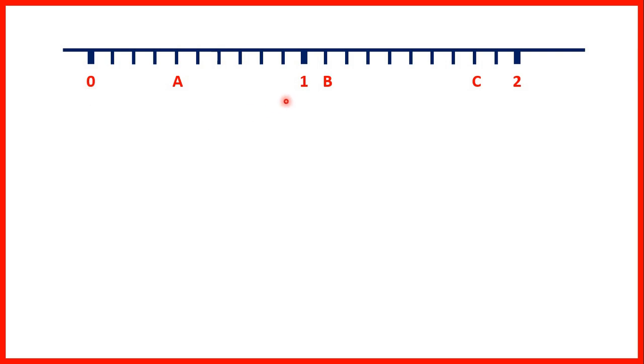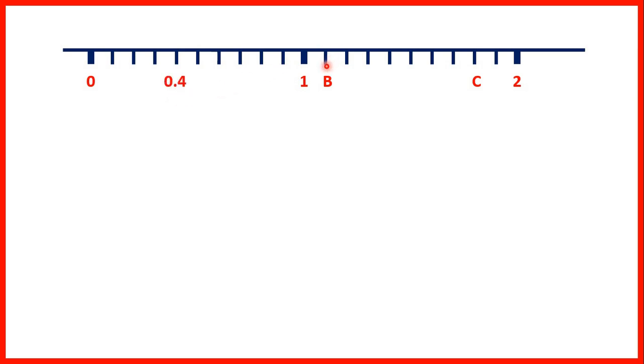We have 0, 1 and 2 labelled, and to get from 0 to 1 we have 10 little lines, so each of these lines represents 1/10. A is on our 4th line, so that's 4 tenths or 0.4.